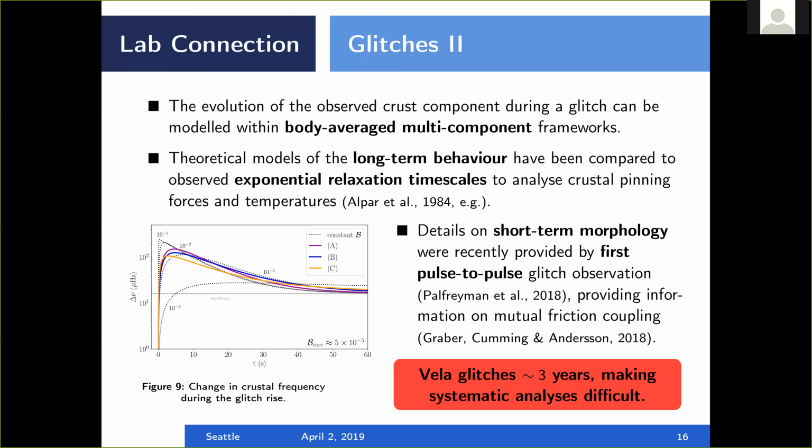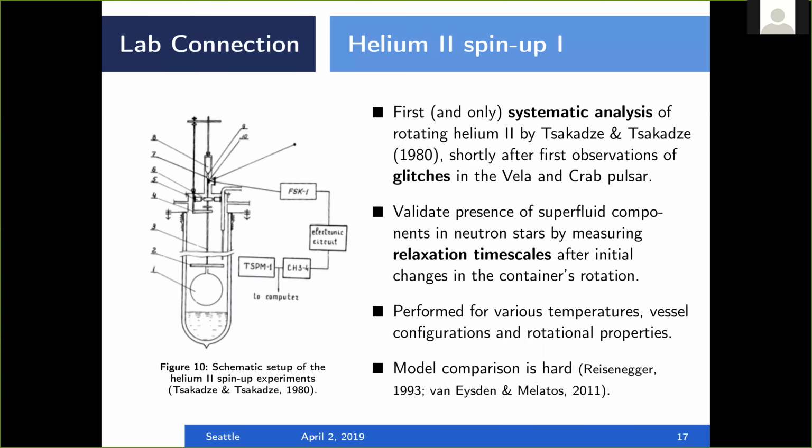So to do this with a systematic analysis, you can try it and it's nice if it fits, but to do that model comparison properly is really difficult. The only lab experiment that was ever focused on really testing neutron star physics, in some sense, was performed in the 1970s and 80s by two Georgian physicists, Zakatse and Zakatse.